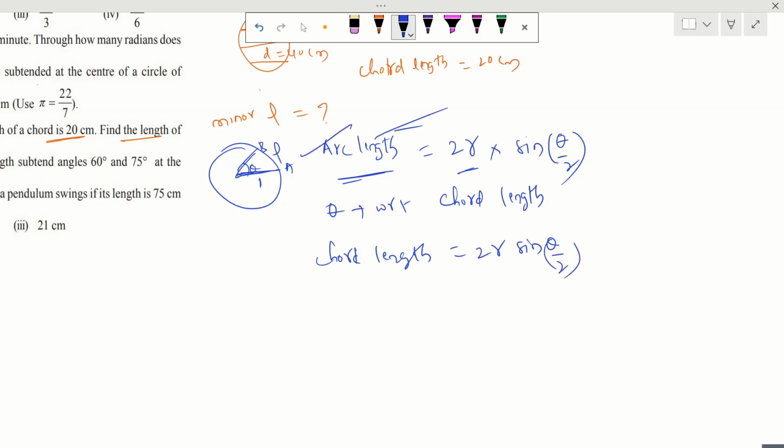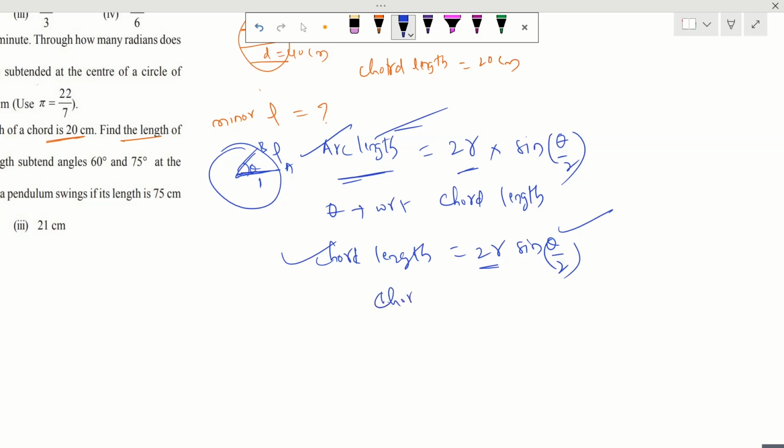So the arc length formula and chord length formula are the same, but the values will be different. Chord length is equal to 2r sine theta by 2. Now, if we need to find sine theta by 2, then I will take the 2r to this side.